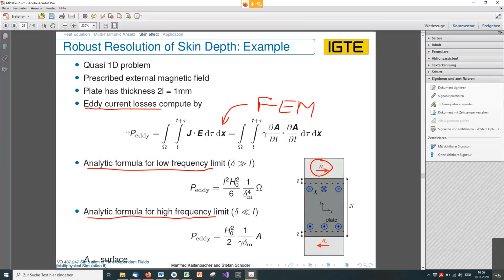Yeah. So it's the power which is transformed from the magnetic field into the heat of the material inside this eddy current zone here. Yeah, and that's what we are evaluating.